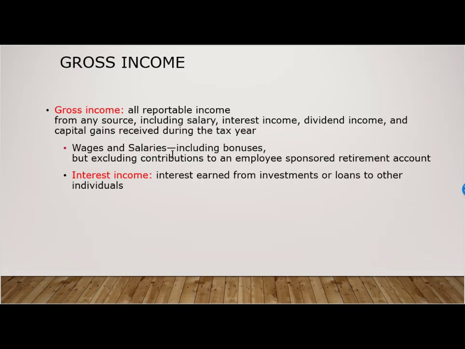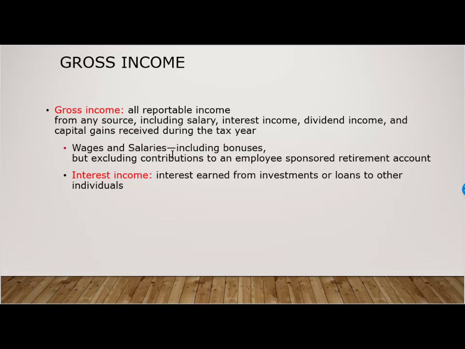Gross income is all reportable income. This is from any source. Salaries, interest, dividends, capital gains, right? Including bonuses. Now, what isn't included here are things like contributions to your employer-sponsored retirement account. Those aren't taxed.